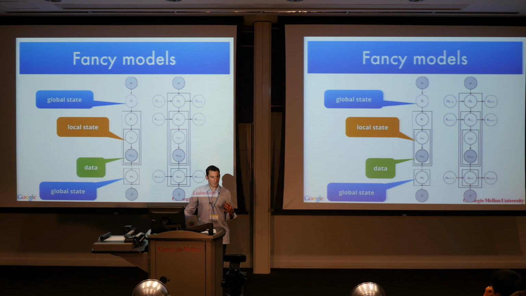But as long as you can set it up in such a way that you have local state, which can potentially be quite big, and data, which is also potentially quite big but still local, and then a global state that is small enough that its relevant view can be kept in memory on each machine, then you can do inference quite efficiently. So, as said, we'll discuss that model in a bit more detail later on.